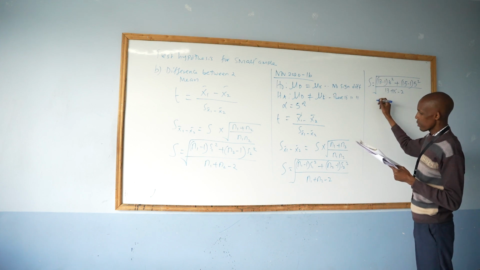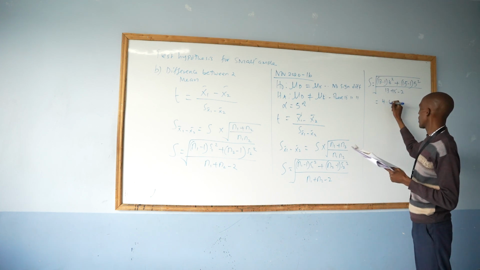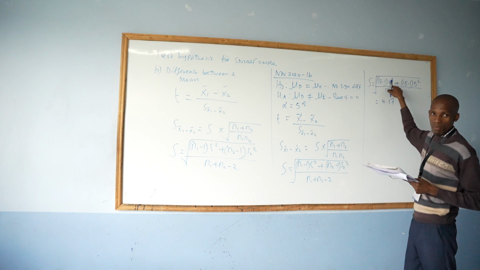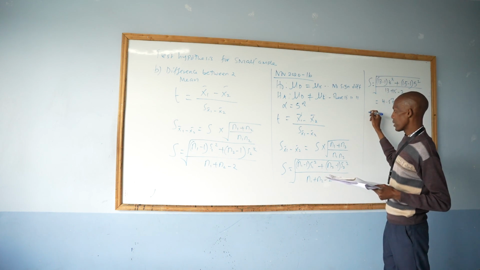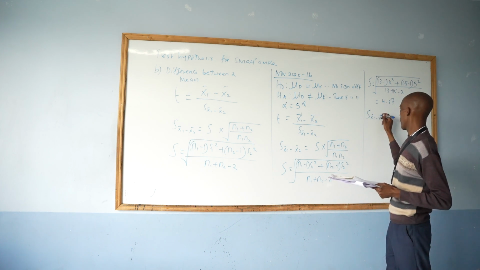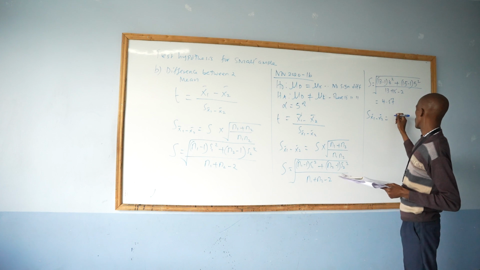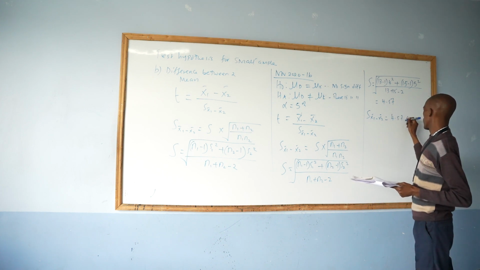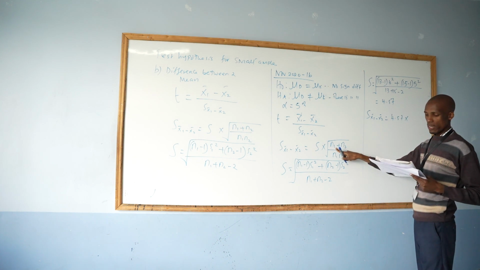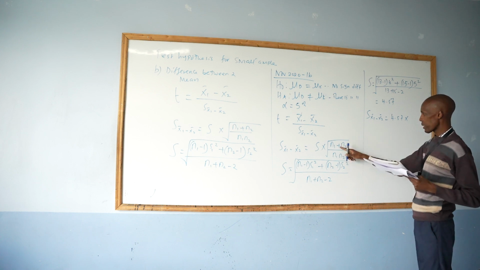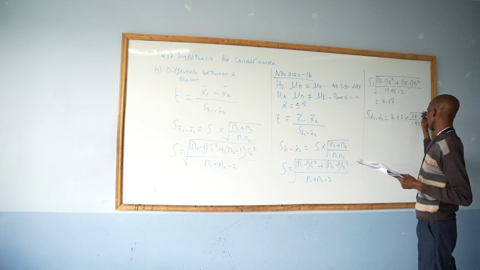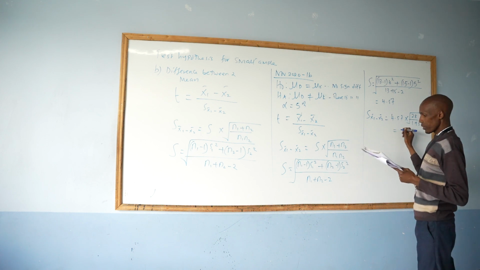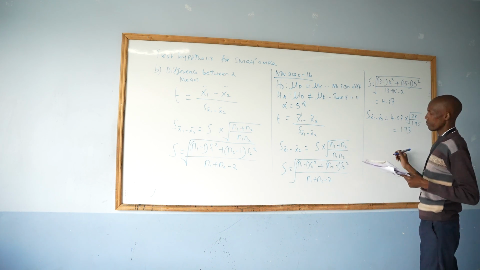This gives about 4.57. Remember, if it is variance, you don't square. Then the standard error equals 4.57 times the square root of (13 plus 15 = 28) divided by (13 times 15 = 195), which gives 1.73.